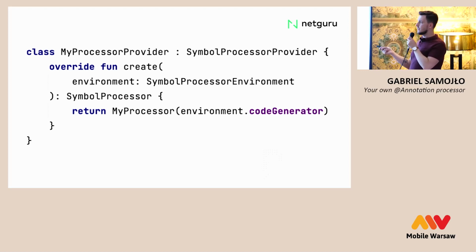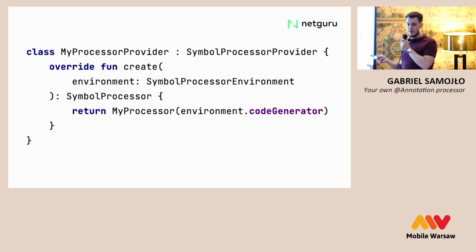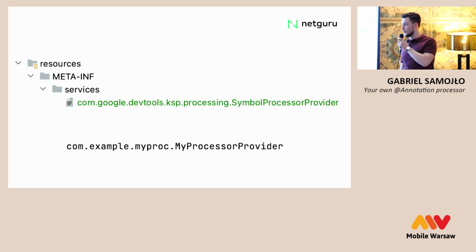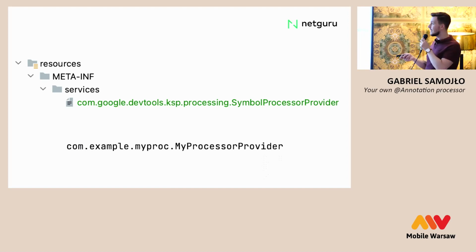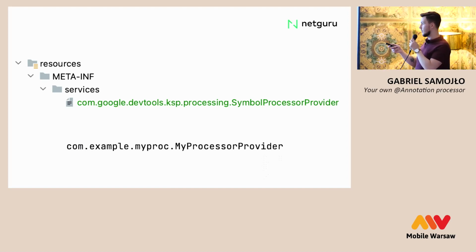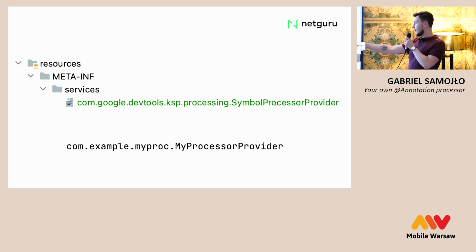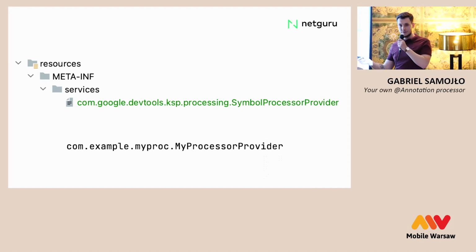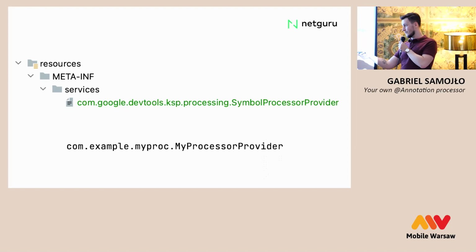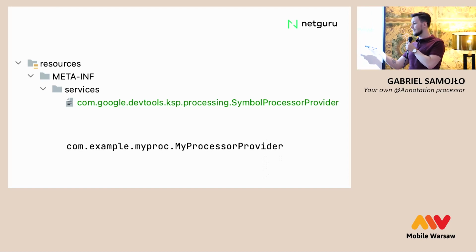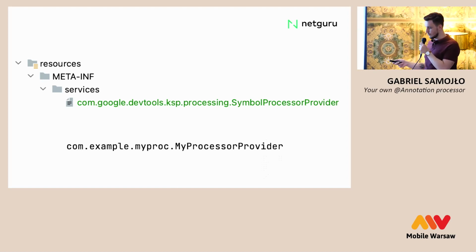We are creating the processor, and on Android we are not doing this very often, but we need to add the full qualifier to the proper catalog. Resource meta inf services, com Google dev and so on, and to point there in this file we need to have this content inside it, the fully qualified name of our processor.